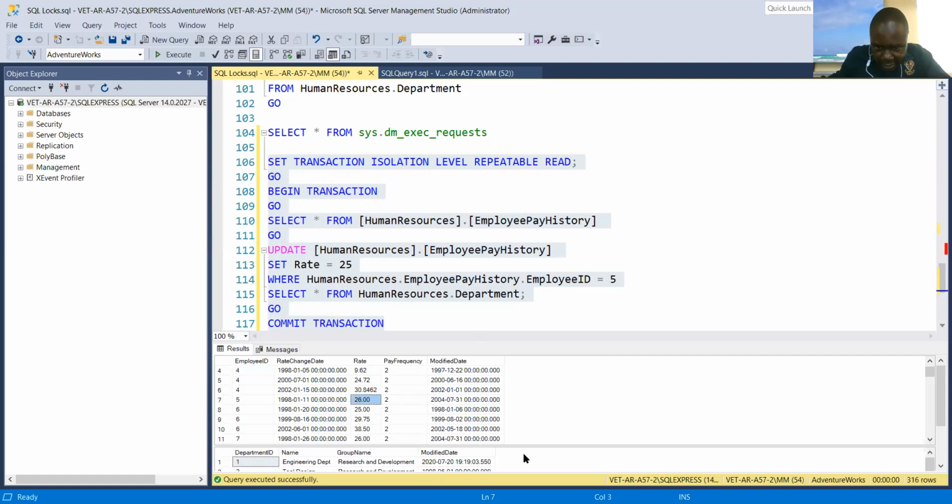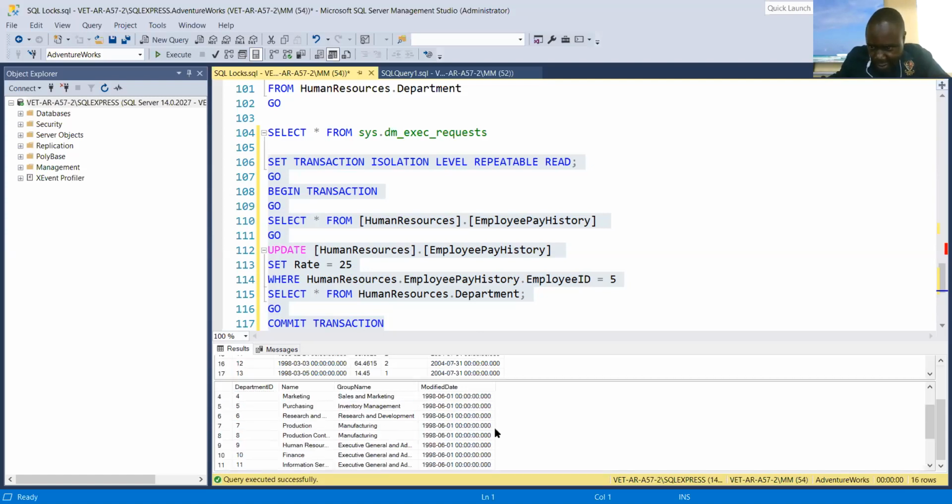Then the other one, let me just see where they are, 316 rows.